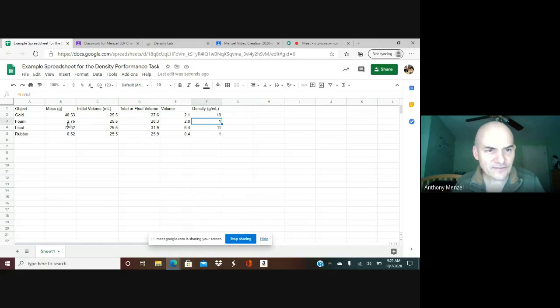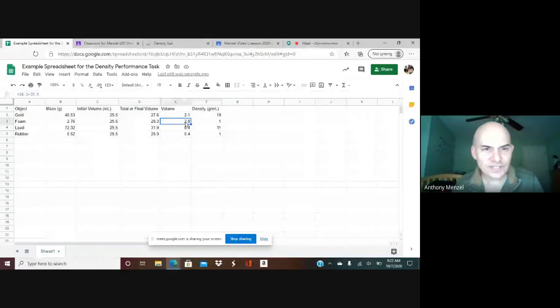Now here, if I look at this answer, it doesn't have enough digits. I have the mass with 3 digits, showing 3, and my object has 2 digits. So this should have 2 digits.